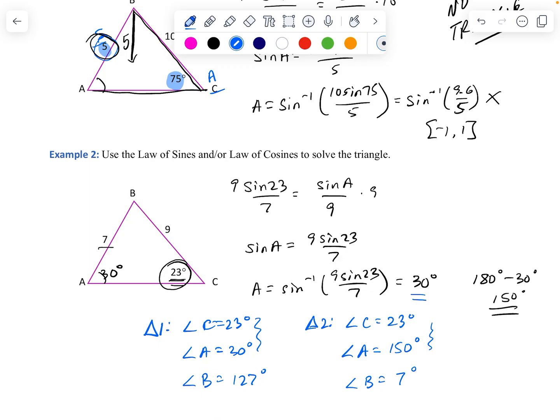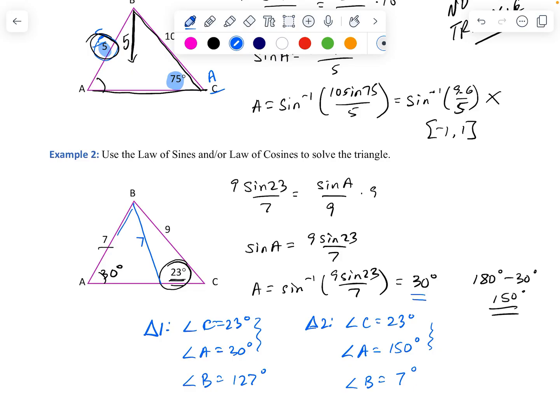Just so you guys have an idea of what's happening here, this other side is coming through here, making this also 7.